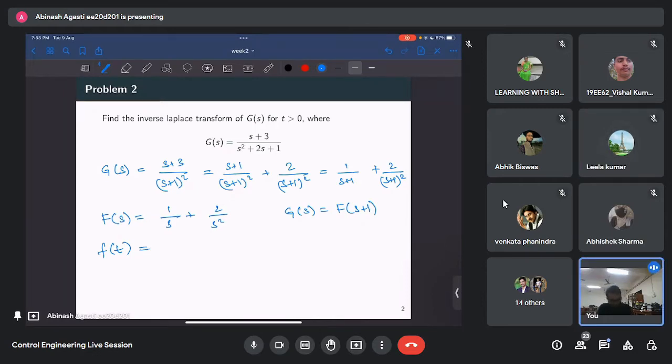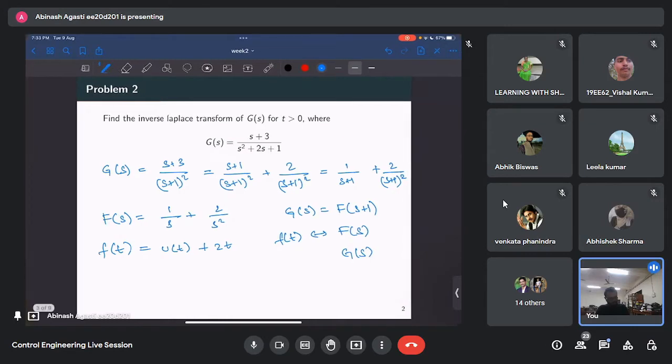Yeah. So 1 by s we know it is u(t), and 1 by s square we know it is, like 2 into 1 by s square, it is 2t, right? Then f(t) gives us F(s), but we want G(s), right? So we want the frequency shifted thing.